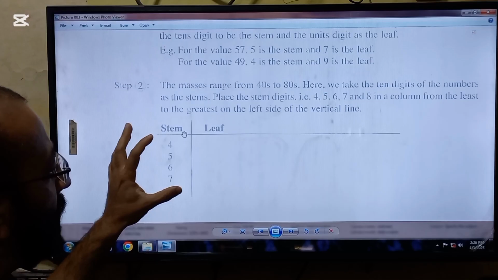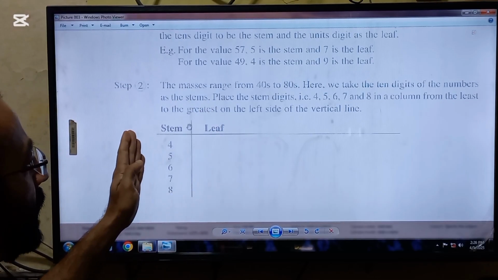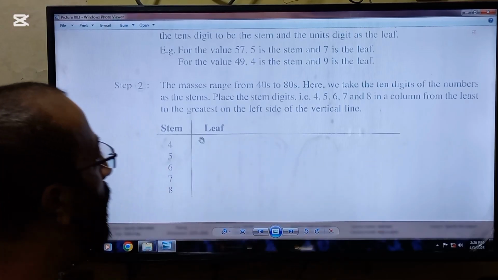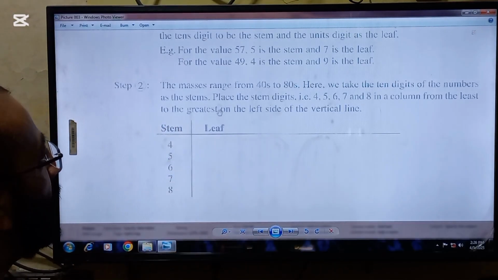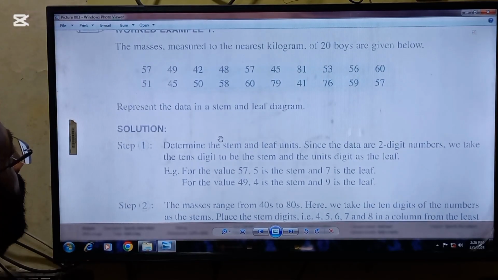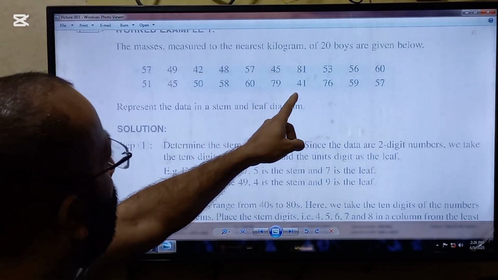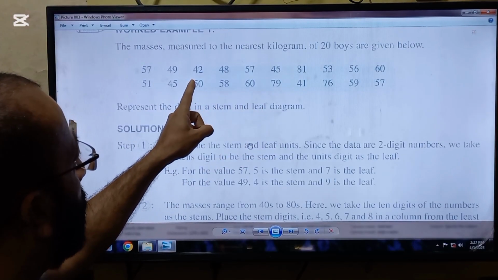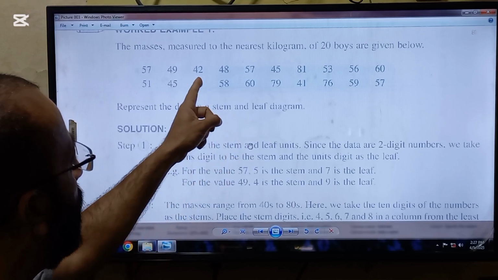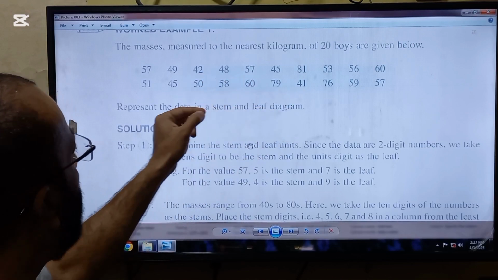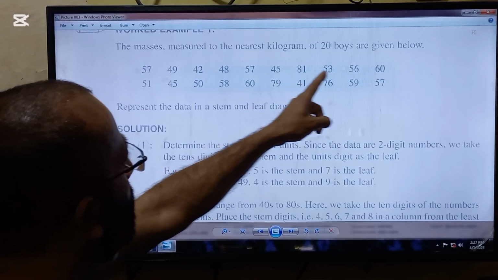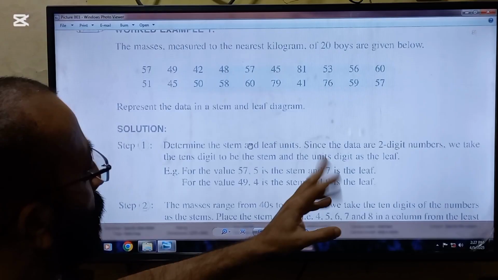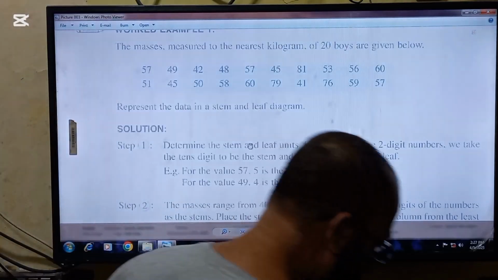The tens digit should be written in the stem, and the ones digit should be written on the right side of the vertical line. These are the leaves. For example, 41 is coming one time, 42 is coming one time, so 1 will be written once, 2 will be written once because these are the units digits, and now 45 is coming 2 times, so 5 should be written 2 times, and so on.